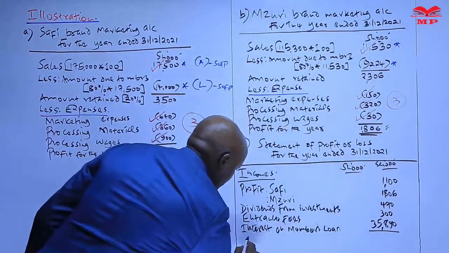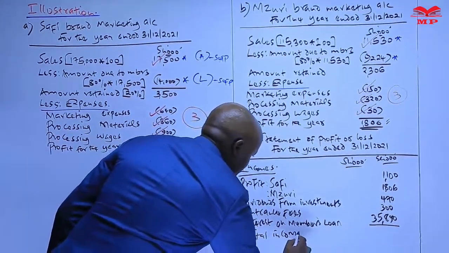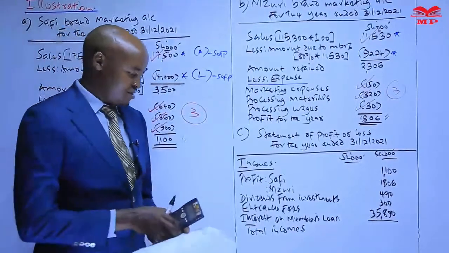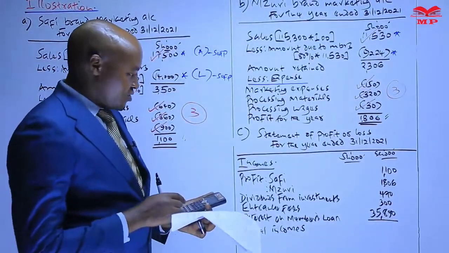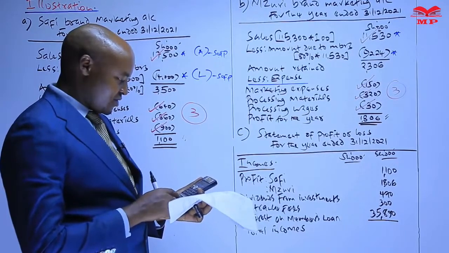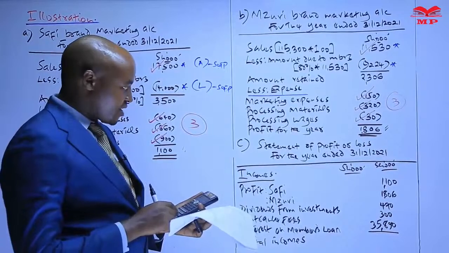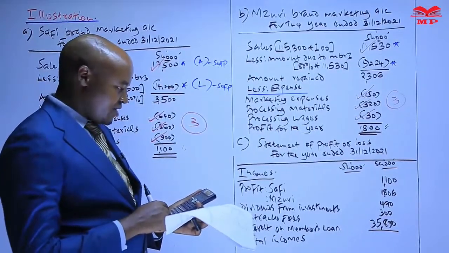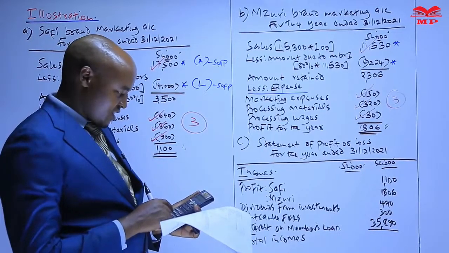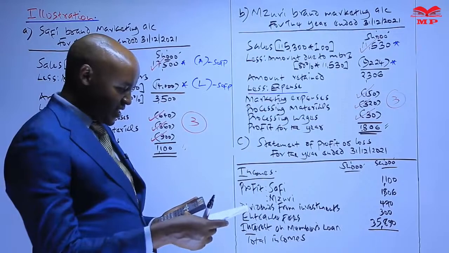So then what we need to do is to get the total incomes. So let's add all those figures so that we get the total incomes. We have 1100 plus 1806 plus 470 plus 300 plus 35,890.